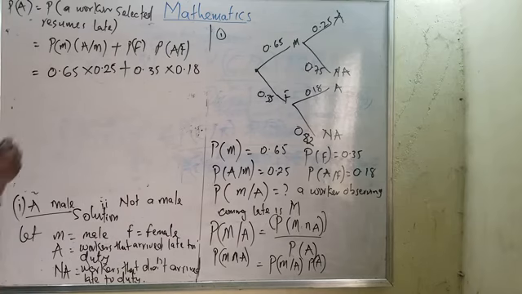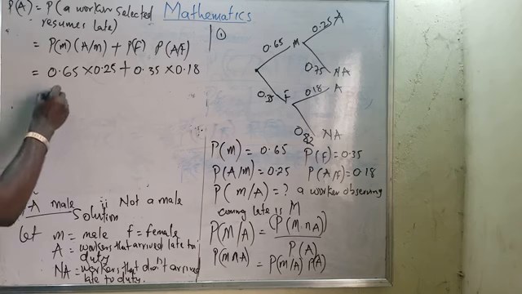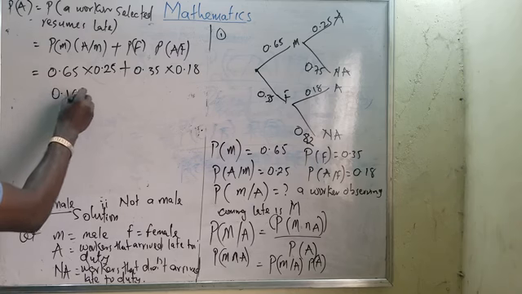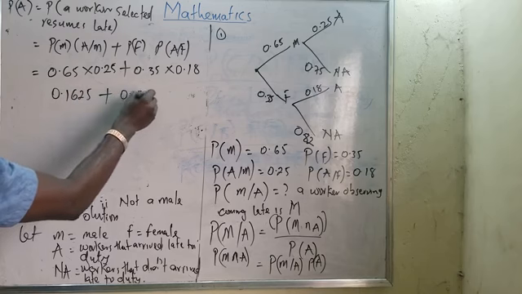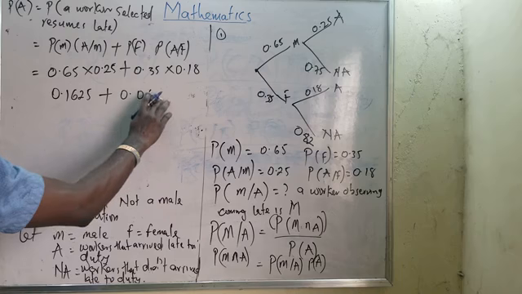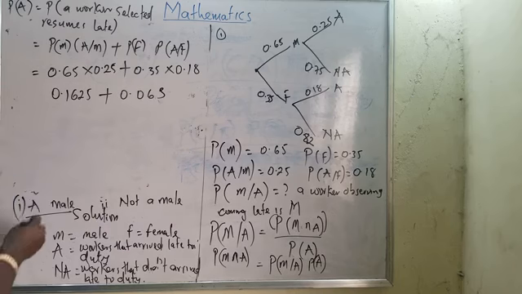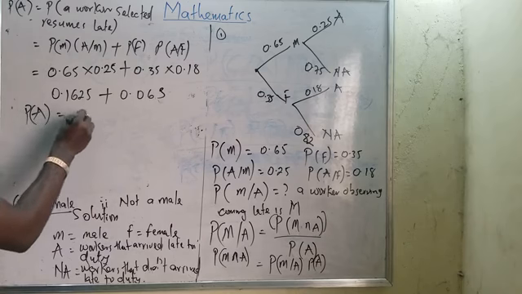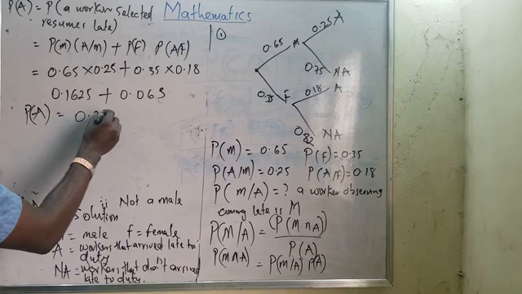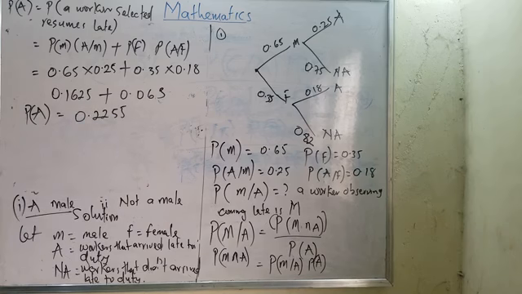Now, multiplying all through, I'll be having 0.1625 plus 0.063. Now, the probability of A comes to 0.2255. Now, that is the first thing I had to do.